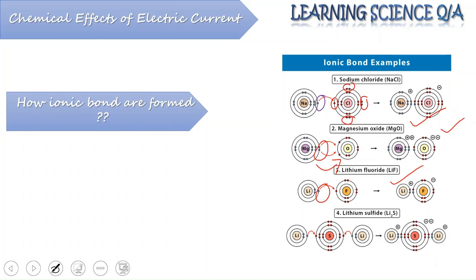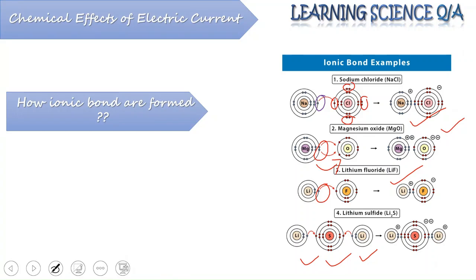Similarly, a single electron can be given by each of two lithium atoms to one single sulfur. You can see sulfur has 6 electrons in its outermost shell, lacking 2 electrons to complete its octet, and these 2 electrons are given individually by 2 lithium atoms, which will form Li2S, that is lithium sulfide.